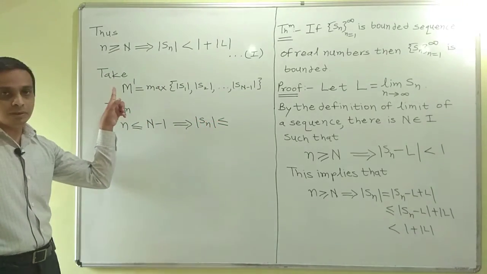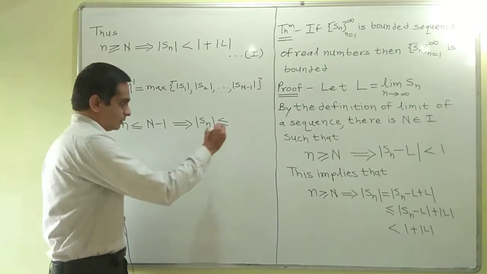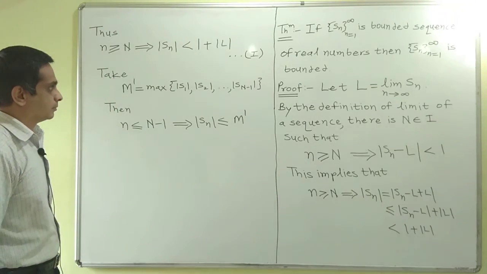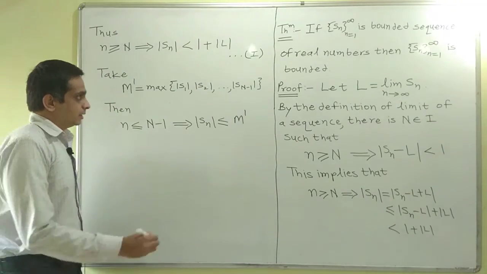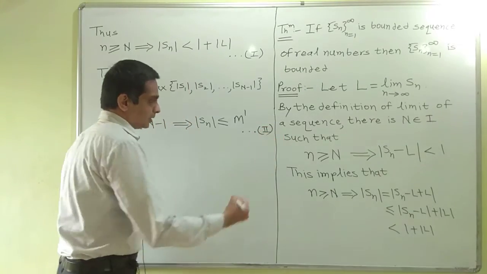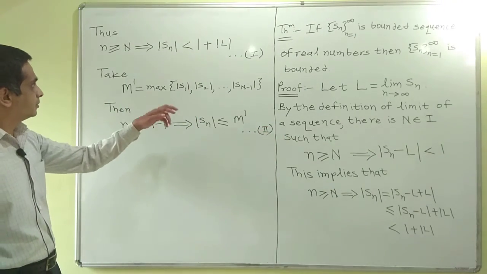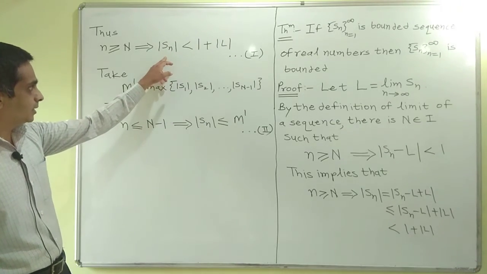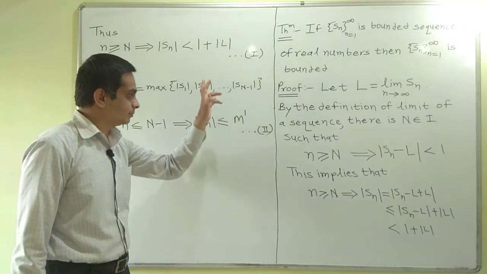It will be less equal to M dash. Now say this is the second statement. We want a number M such that mod Sn will always be less equal to M.